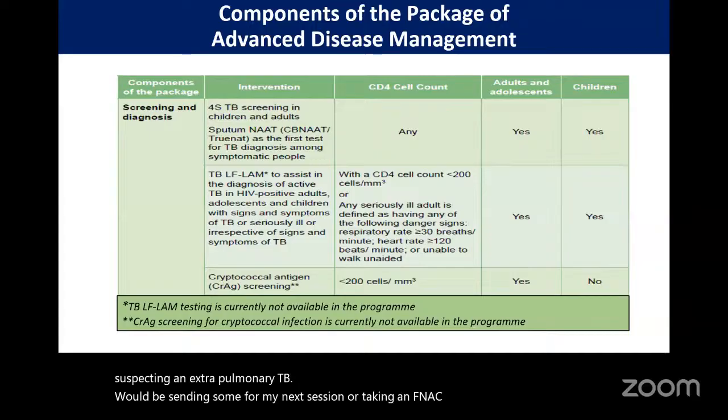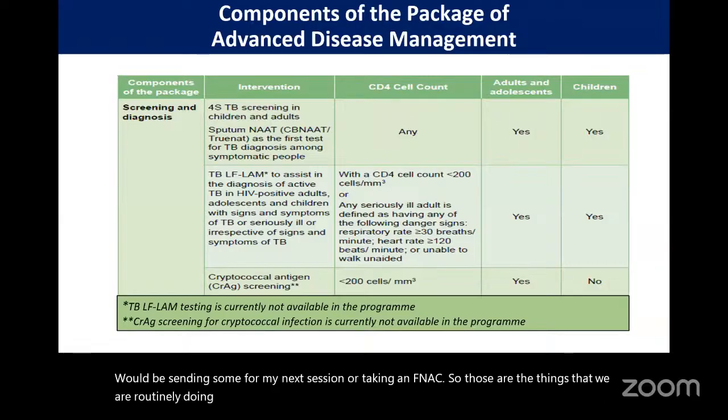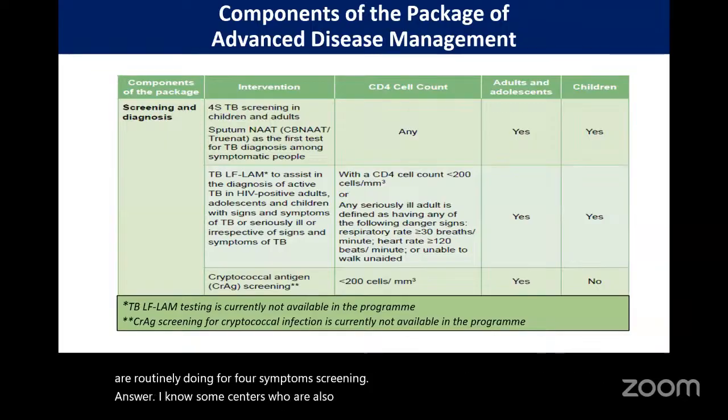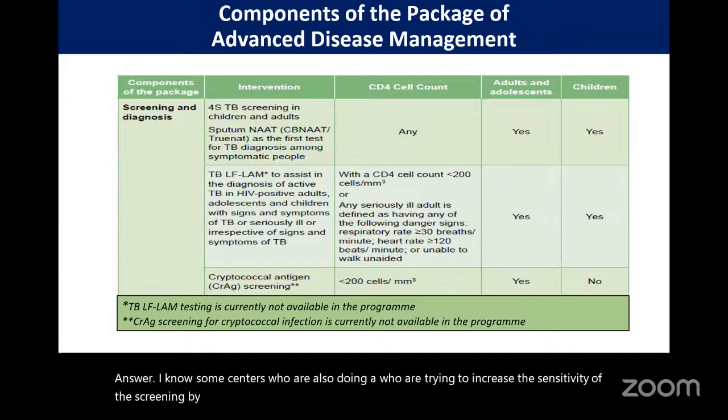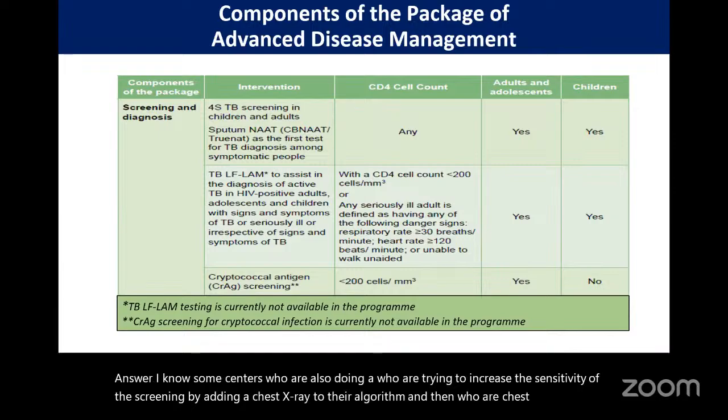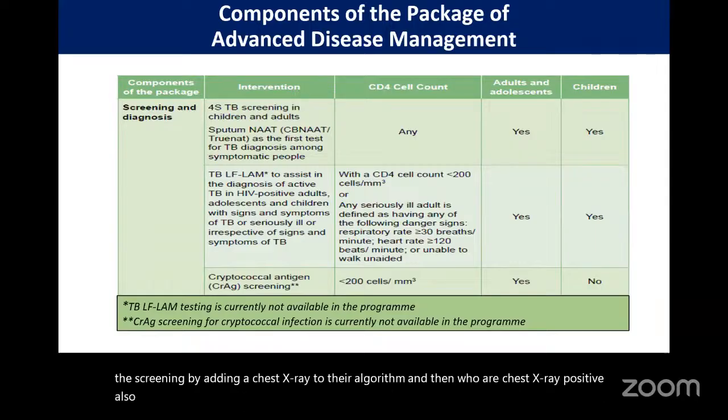So those are the things that we are routinely doing for four symptom screening. And I know some centers who are trying to increase the sensitivity of the screening by adding a chest X-ray to their algorithm, and then those who are chest X-ray positive, you refer them for a CBNAAT. Now this is a routine way of doing.